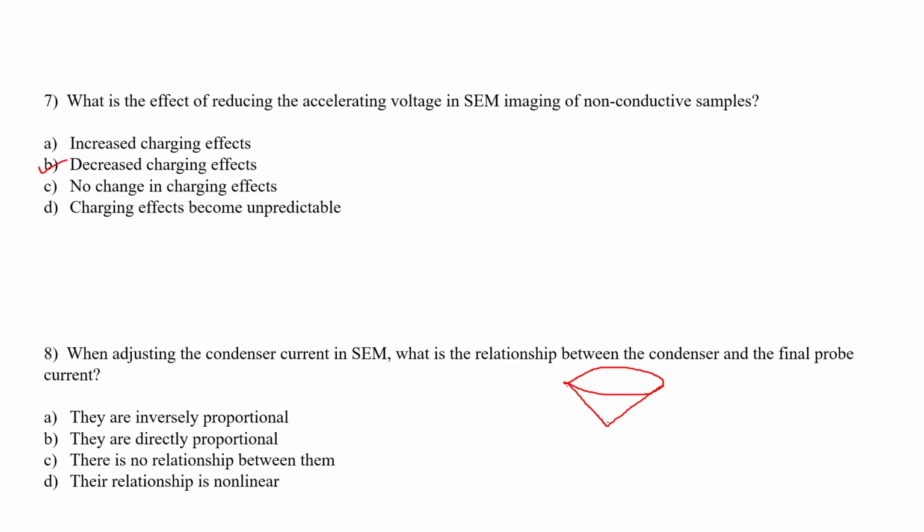If the current is increased in the condenser lens, the probe is focused here, but if the current is lower, the focal length will be higher and it will focus at a higher distance. As a result, when I am increasing the current, the final probe current is also increasing. So it is directly proportional. So option B is the correct answer for this question.